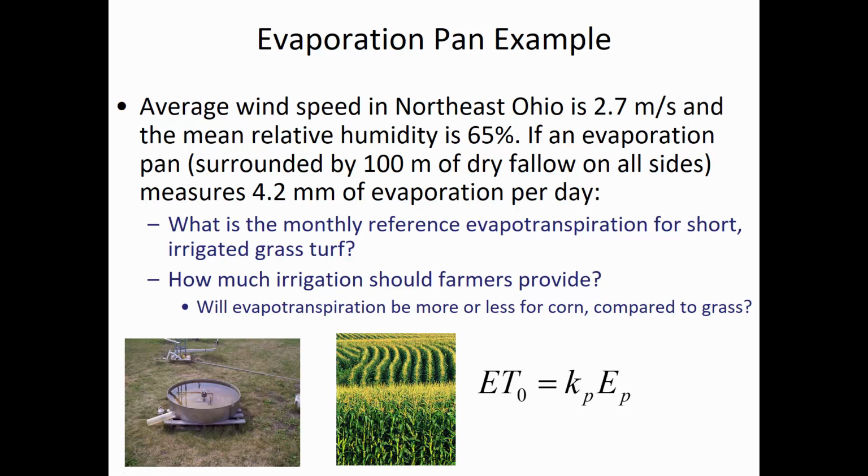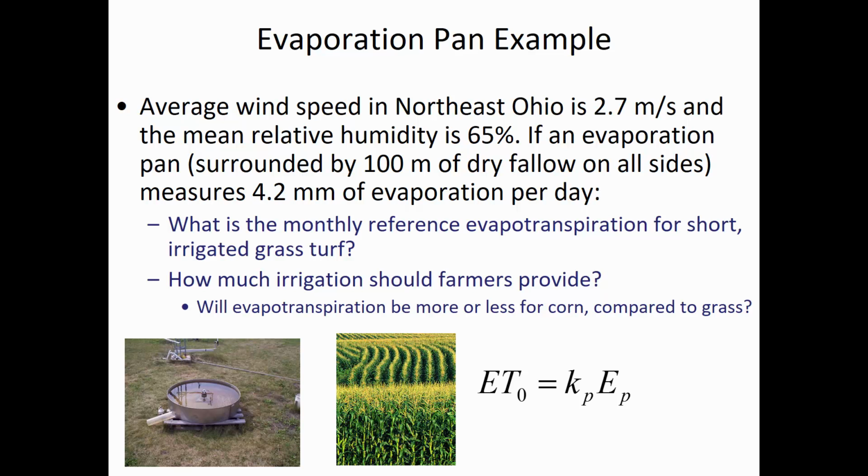All right, so that 4.2 millimeters of evaporation per day is E sub P. That's the evaporation of the pan. So E sub P is 4.2 millimeters in a day.